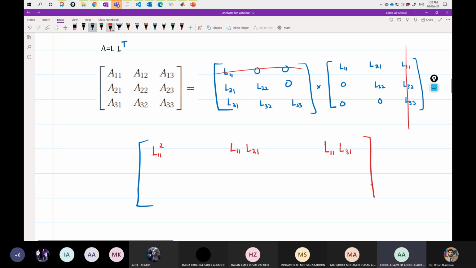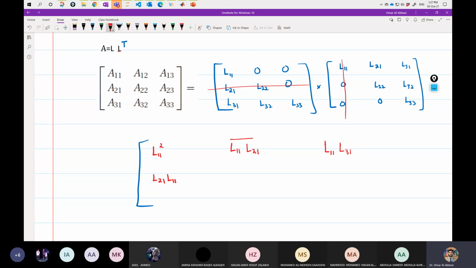Let's move to the second row, first column. That is L21 times L11. Can you see that?